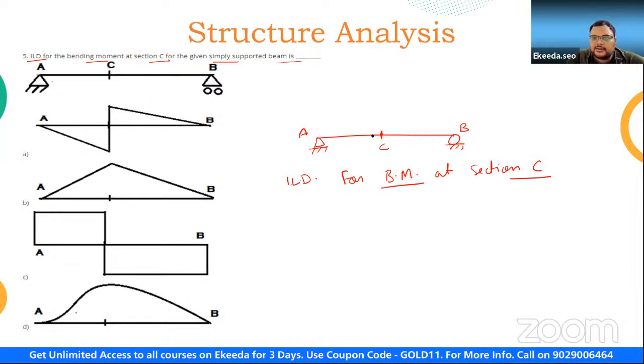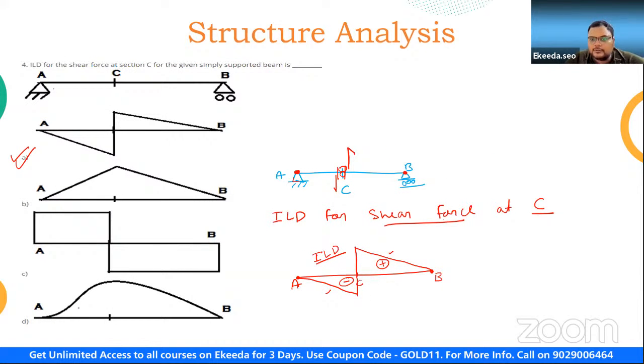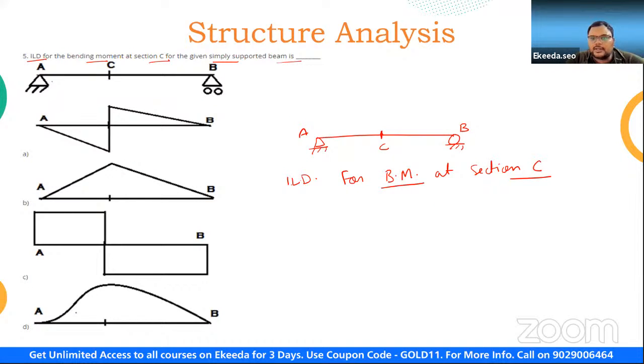So I will tell you guys, when we had to determine the shear force, what we used to do was put one roller and then take it downwards in left and upwards in right. Similarly, if you have to draw the bending moment, then we have to take one theta like this and one theta like this. We have to rotate it, right?